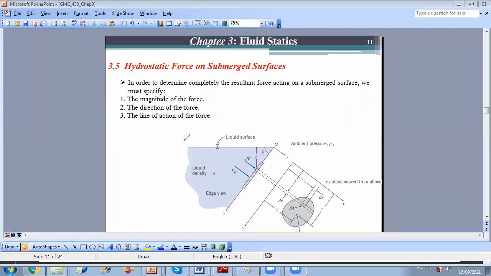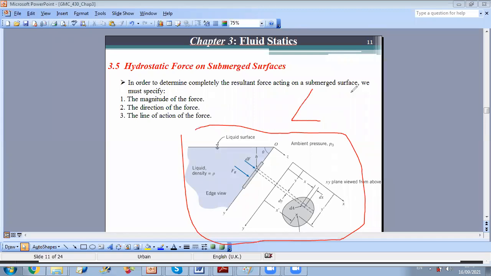To do so, here they show us two views. Let's say I will put it in 3D for you here. This is the figure in 3D. Okay, I have the surface here and I want to study the effect of water on this surface. I can look at it from two views.